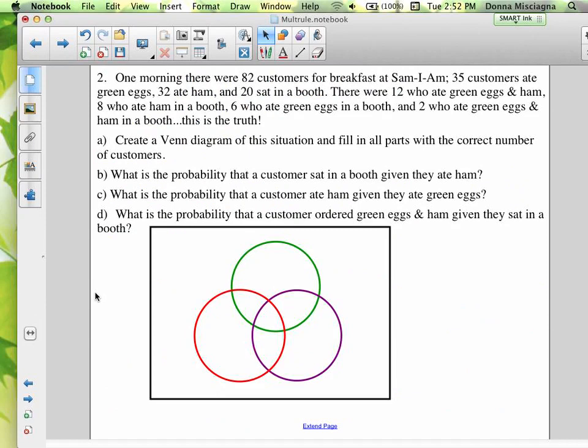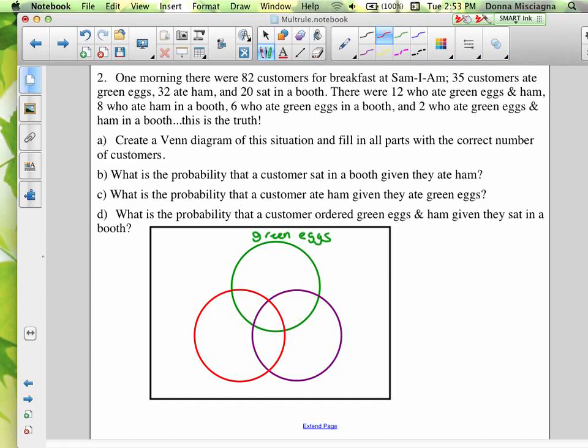All right, so first of all, I have 3 circles there. There are 3 conditions: sitting in a booth, eating green eggs, and eating ham. Let's make the circle that's green the green eggs. So this is you ate green eggs.